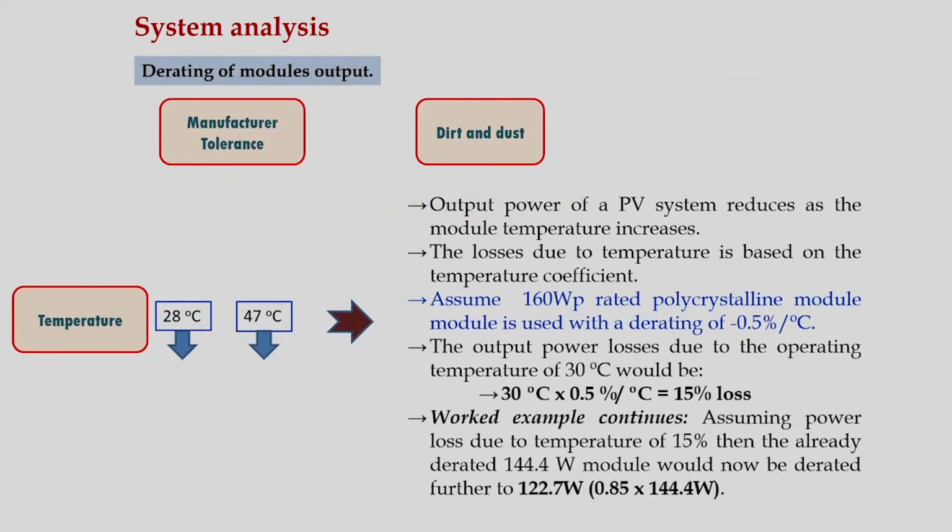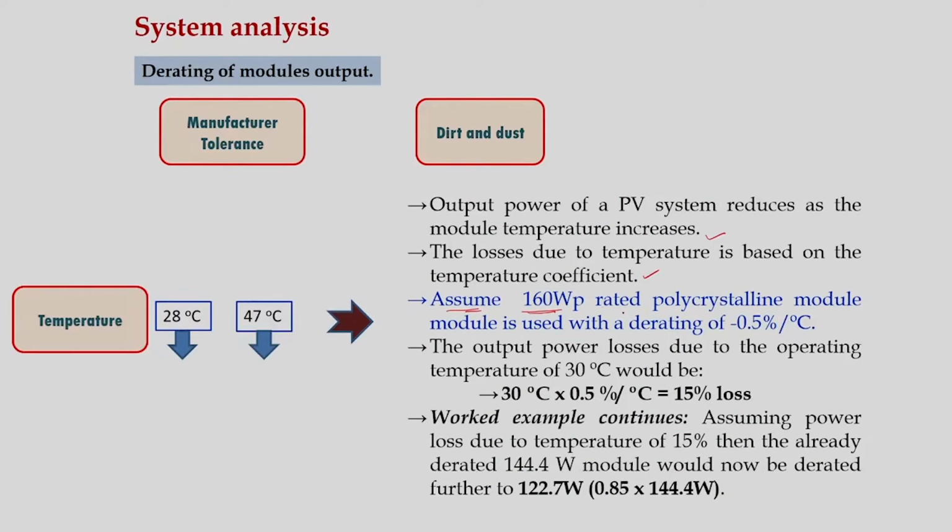Now, consider the case for temperature. As you understand, the output power of a PV system reduces as the module temperature increases. The losses due to temperature are based on the temperature coefficient. The behavior of these losses will be different for different cell materials. Assuming 160 watt peak rated polycrystalline modules with derating of 0.5% per degree increase in temperature, we need to know some information.